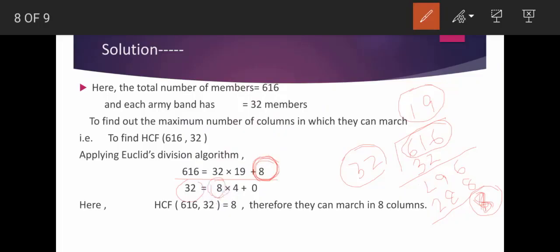As a result, when we divide 32 by 8 we get the quotient as 4 and the remainder comes as 0. Since we got a 0 remainder in this step, the divisor here will be acting as the HCF. Therefore the HCF in this case is 8, which gives us the answer that they can march in 8 columns, and this is the answer of question number 3 here.